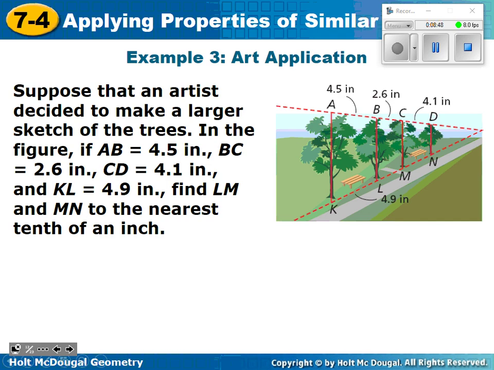So again, if you look at this example here, this one's more of an application problem, and they're going to make you assume that those trees, which is very highly unlikely, are perpendicular to the ground so that they are parallel to each other. More than likely with wind and the factors of the environment, those trees are not perfectly perpendicular and not perfectly parallel, right?